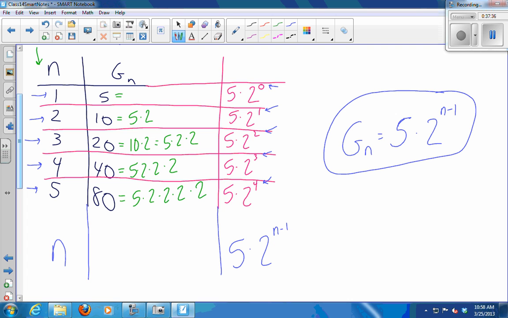And we can check it, right? So let's check one. If I do g sub 4, that says that this should be 5 times 2 to the 4 minus 1, which is 5 times 2 cubed, which is 5 times 8, which is 40. Is g sub 4 40 in my list? Yes.